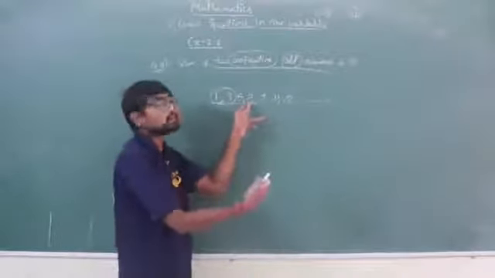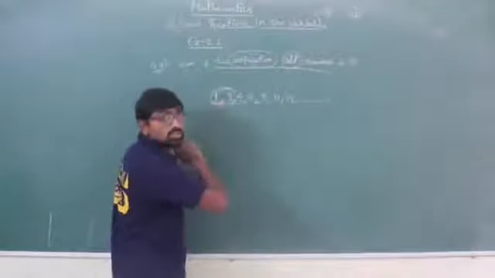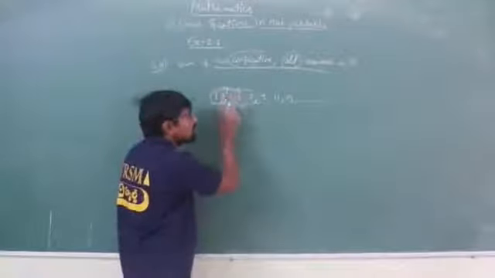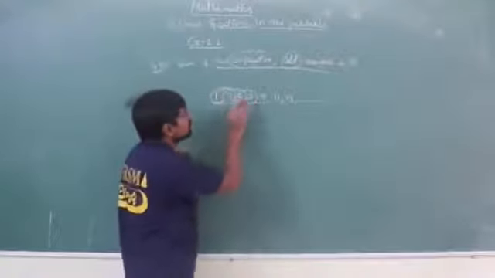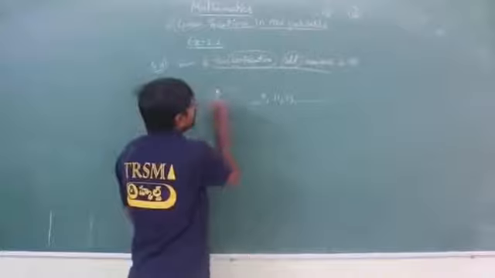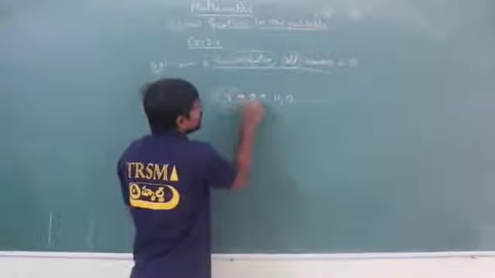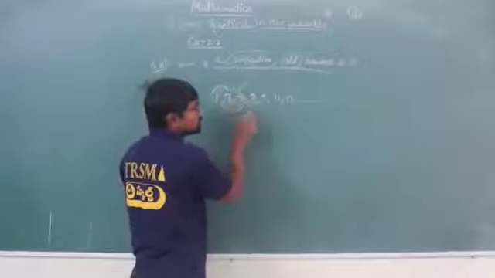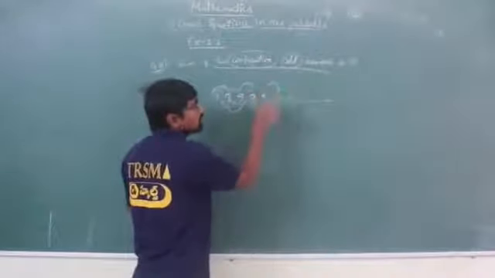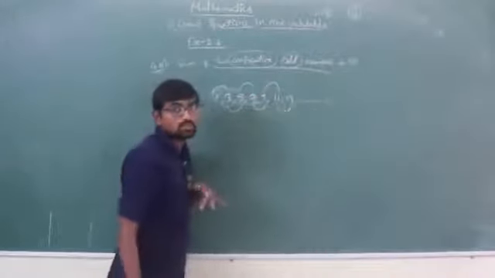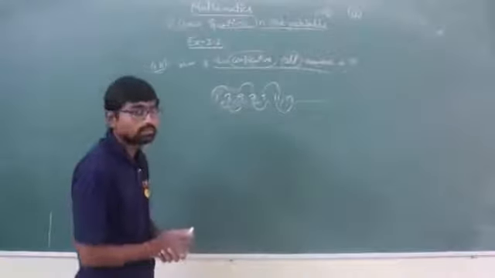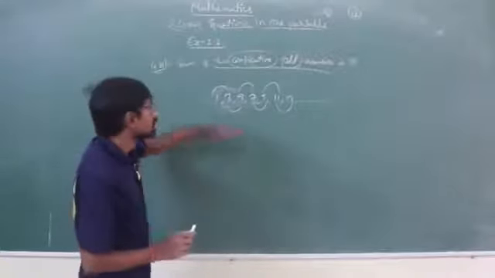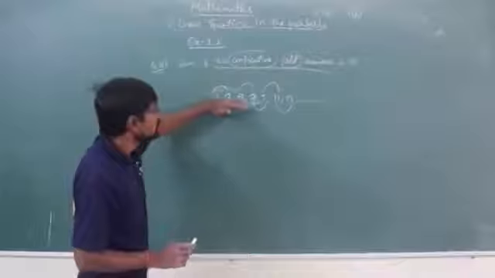After 7, directly 9. So 1 and 3 are consecutive, isn't it? 3, 5 are also consecutive. 5, 7 consecutive, 7, 9 consecutive, 9, 11. Consecutive means sidewise, one after another.